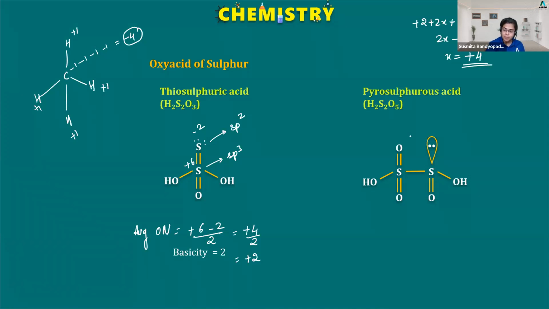Pyrosulfurous, be very particular about what is pyrosulfurous. Pyrosulfuric is H2S2O7, average +5. Here: 2 plus 2x minus 10, 2x minus 8 is 0, 2x is 8, x is 4. Average +4 only is coming, right? Basicity is 2.